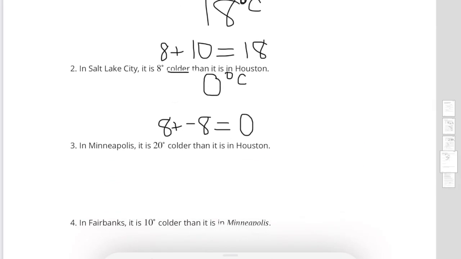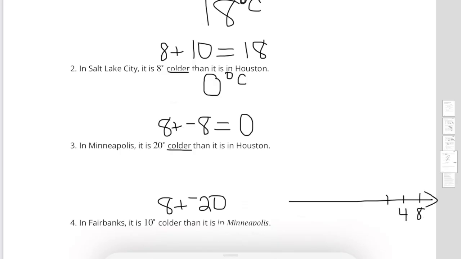In Minneapolis, it is 20 degrees colder than it is in Houston. So again, I start at positive 8. I have a change of 20 degrees, and it's getting colder, so I know I'm moving to the left in the negative direction. So 8 plus negative 20. Think about your number line here.